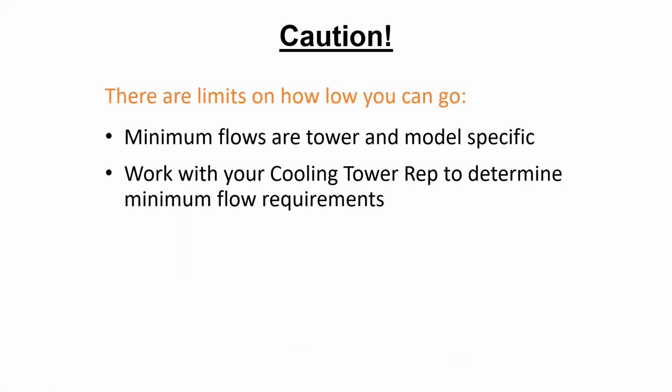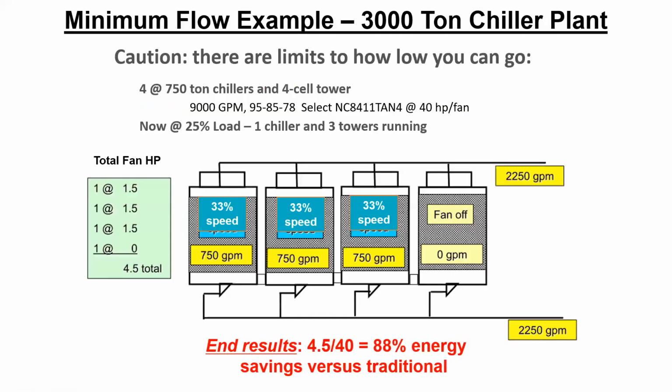That was it. But yes, there are limits on how low you can go. So you have to check the specs of the cooling tower. In some cases, you may not be able to go as low as 30%. So in that case, you have to turn off one of the towers and meet the minimum reduction in speed.